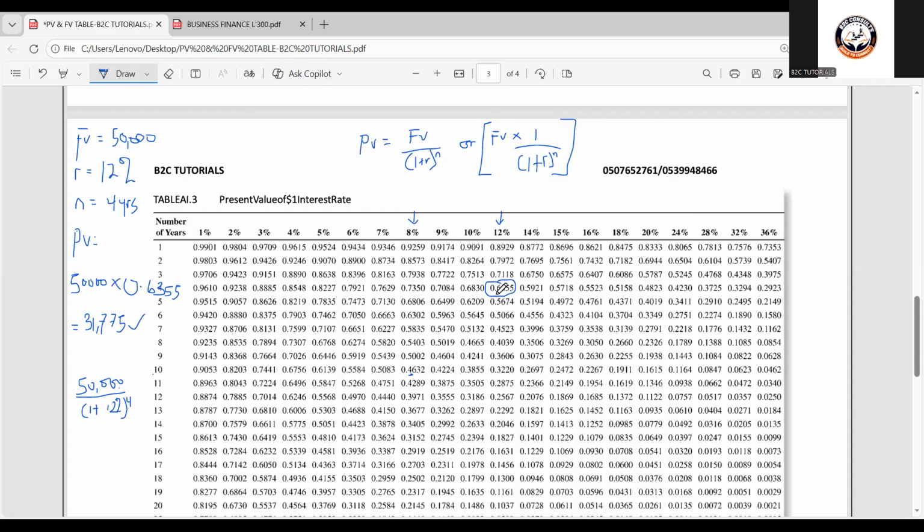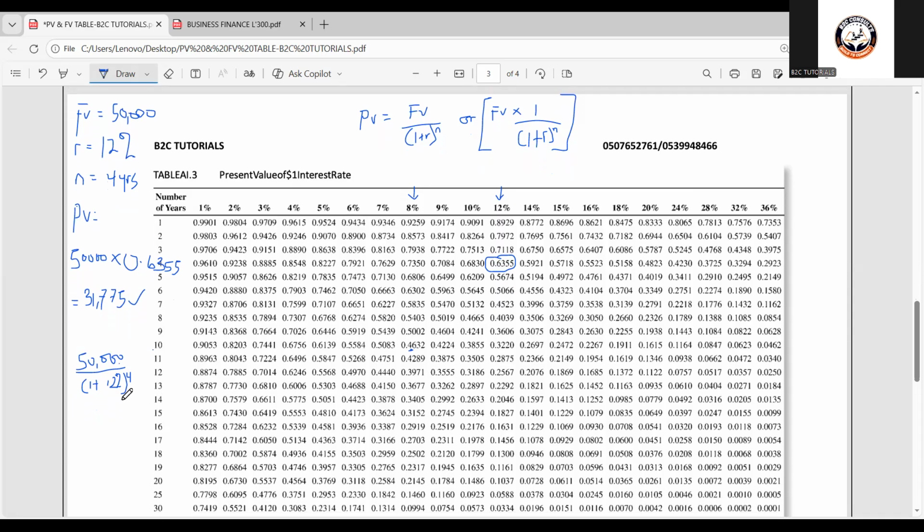Because in the table, they have rounded off the numbers to 4 decimal places. Be careful not to use this if you've been instructed to use the table. If you've been instructed to use the table, please go according to what the table has given. If not, when you do this, you'll be getting some decimals, which is going to go beyond what the table figure will give you exactly. So that is one of the things that I want to let you know when it comes to reading of the table.